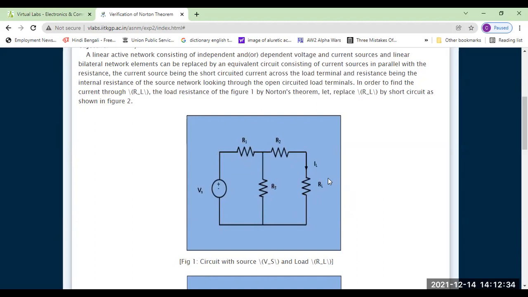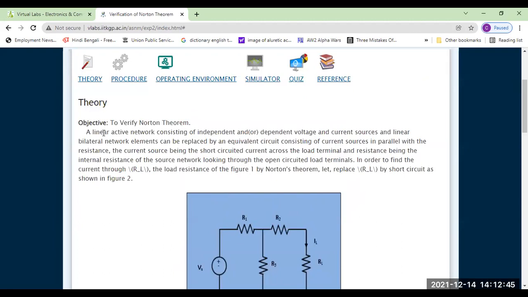Then we may replace this RL load at the short position, and we can easily calculate the current through this RL load.